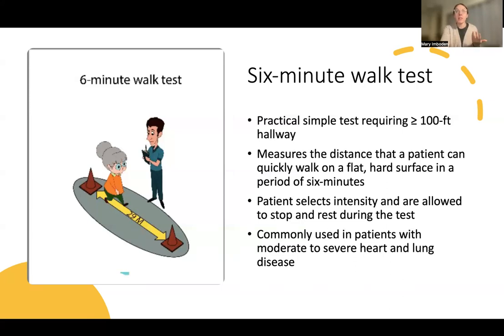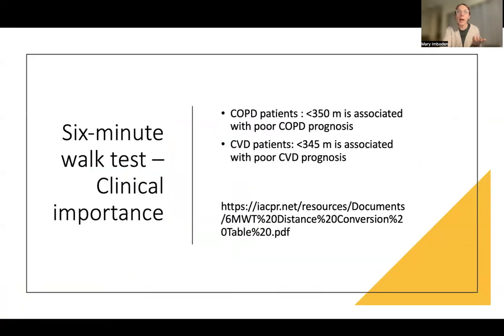And as I mentioned, it's commonly used in clinical patients, so those with heart disease or lung disease. And we actually see that these thresholds here, so less than 350 meters, is associated with poor COPD prognosis. Less than 345 meters is associated with poor cardiovascular disease prognosis.